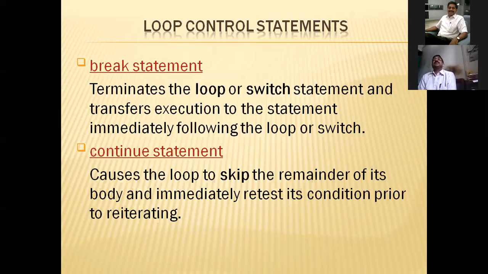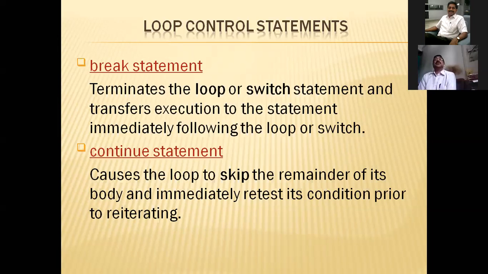A switch statement is a decision-making statement, but a loop statement is an iterative statement where we can execute a number of statements a number of times. The break statement is also used to terminate the particular loop statement.